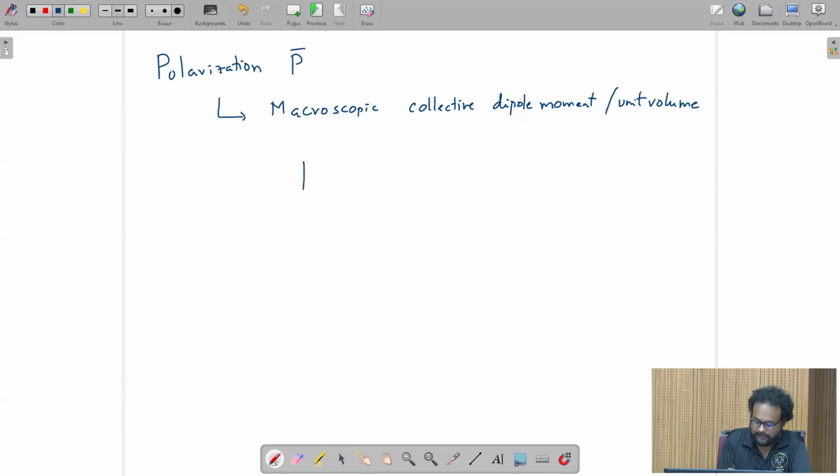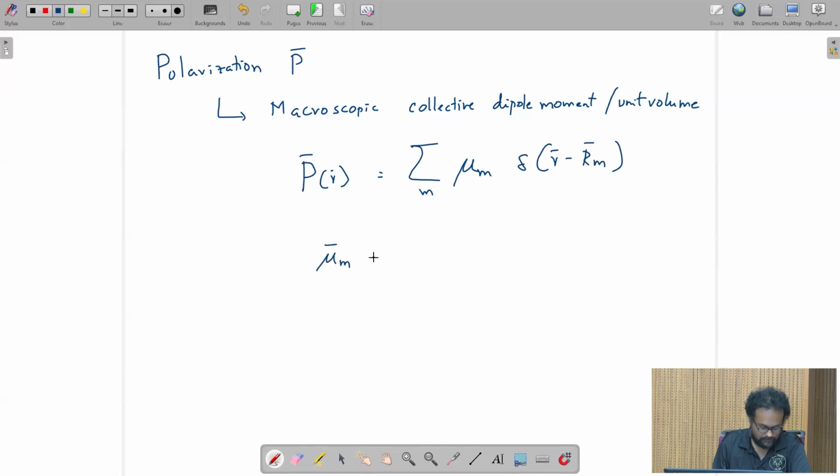So your polarization is the sum over all molecule dipoles mu, so sum over all molecules, where mu itself is a sum over the charges.